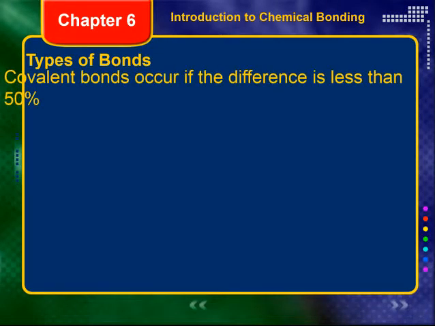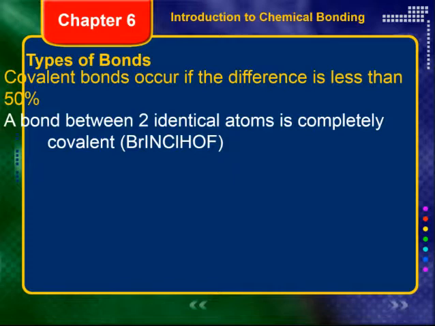Now, moving forward, when we have a bond that is between two identical atoms, meaning I have 2 bromine atoms, or 2 iodine atoms, or maybe 2 nitrogen atoms, I have a pure and completely covalent bond. I have all of these elemental symbols listed out for you. Notice that they create a mnemonic, Brinkelhoff. Brinkelhoff is a mnemonic that helps you remember what atoms do this all the time.